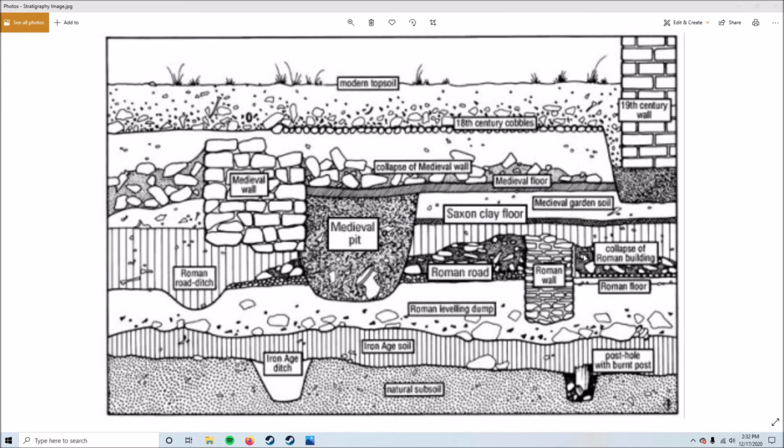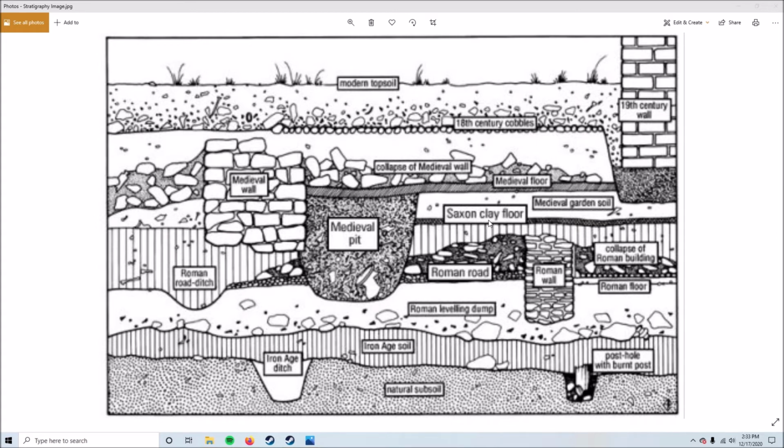And honestly, I don't remember what the answer was, but just to prove a point that I mentioned earlier about how just because it's above something else doesn't make it older, this medieval pit extends all the way from under this medieval floor all the way down into the Roman leveling dump.